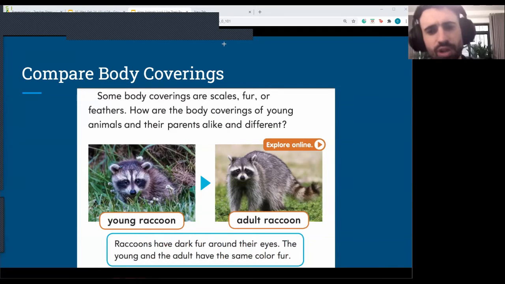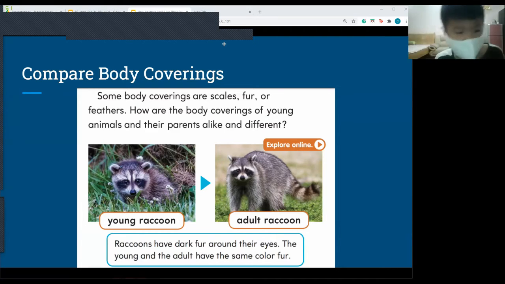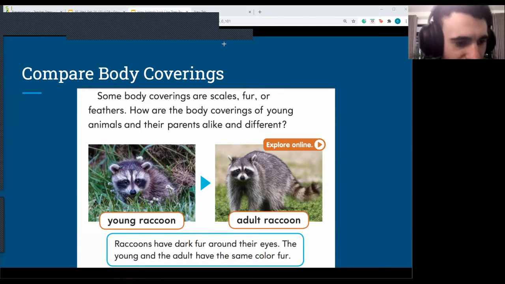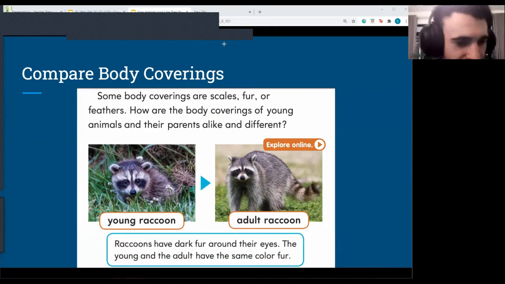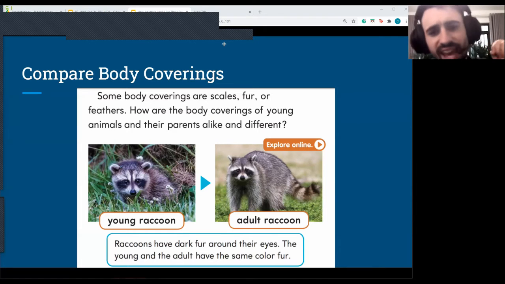Thank you, Speed. If you had to choose between fur, feathers, or scales, which one would you rather have to cover your body? Speed, what would you cover your body with? Scales.